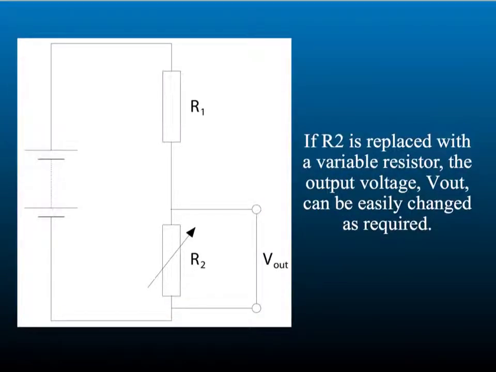If we change one of the resistors to a variable resistor, like this one here in R2, then we can change the resistance, so therefore we can change the voltage out across that resistor as we require.